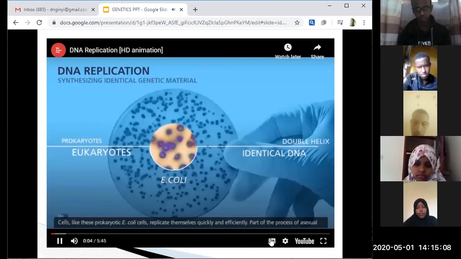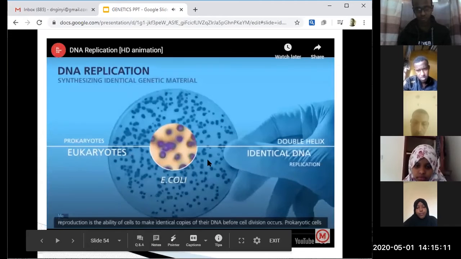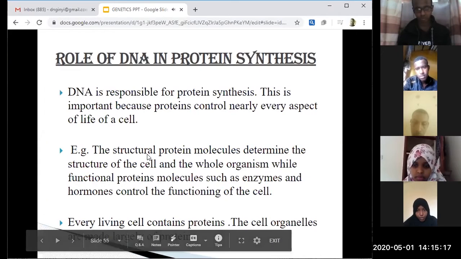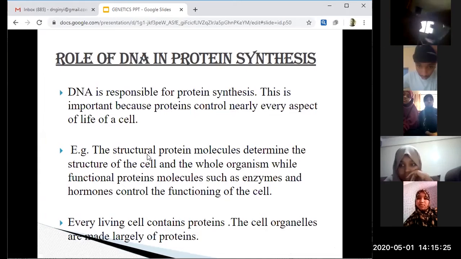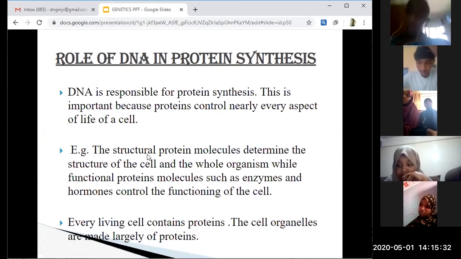Part of the process of asexual reproduction is the ability of cells to make identical copies of their DNA. So from the short video we have watched, it's quite clear how DNA replication takes place. And that is precisely what we did cover in our previous lesson.